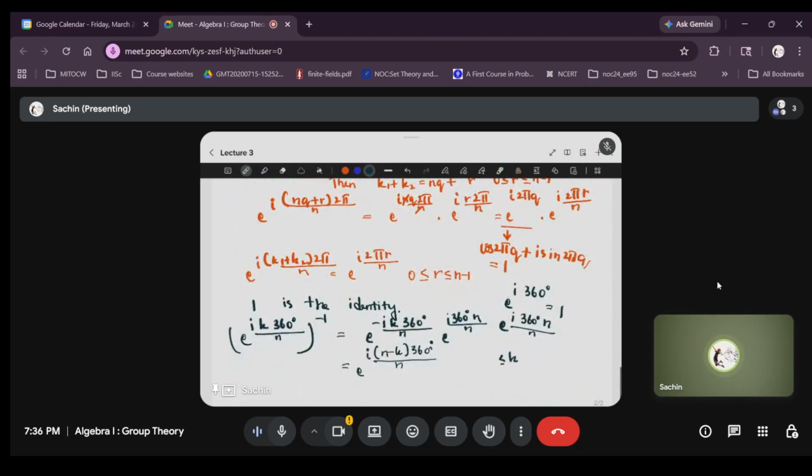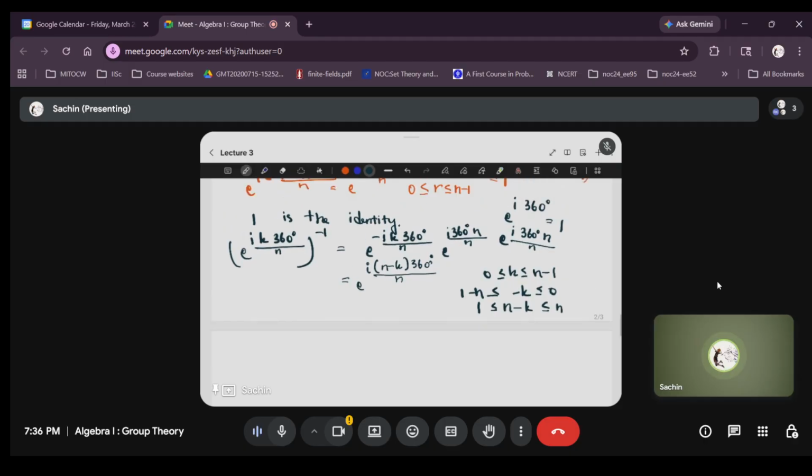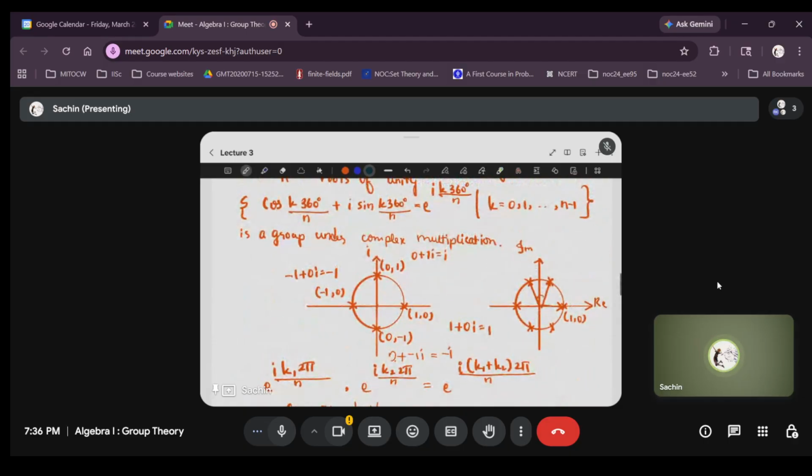So if k is greater than or equal to 0 and less than or equal to n minus 1, then minus k is less than or equal to 0 and greater than or equal to 1 minus n. And n plus minus k, which is n minus k, is less than or equal to n and greater than or equal to 1. So it is an element in the set. So we have inverses also.